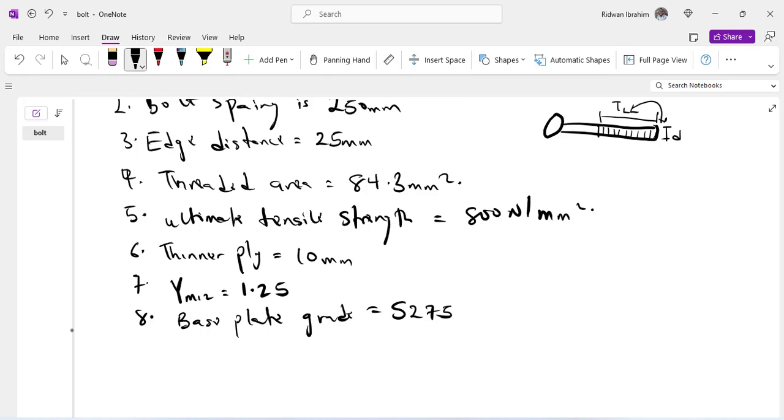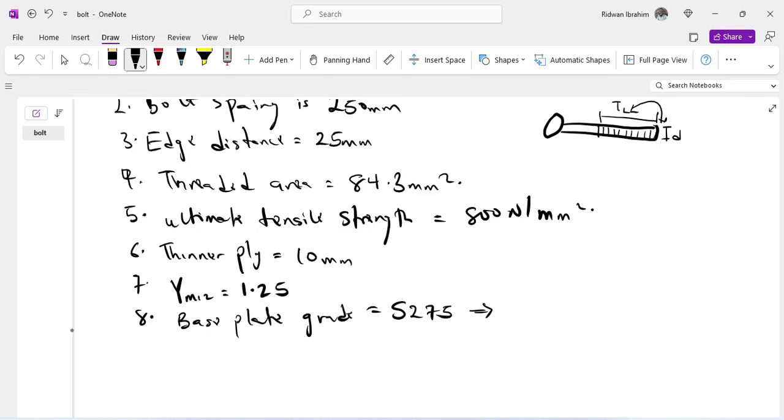I explained that when we say bearing, the plate is the actual member that goes through bearing. Although there is both bolt bearing and plate bearing, the plate bearing is the more critical one. So since we know the base plate grade, then we can know the bearing strength.